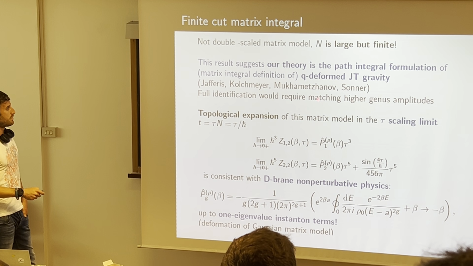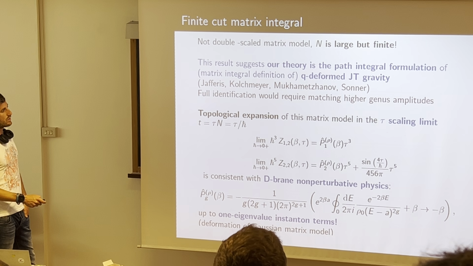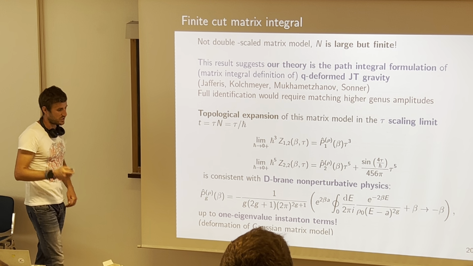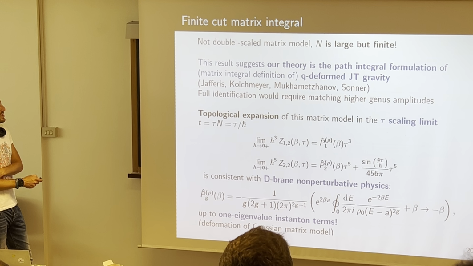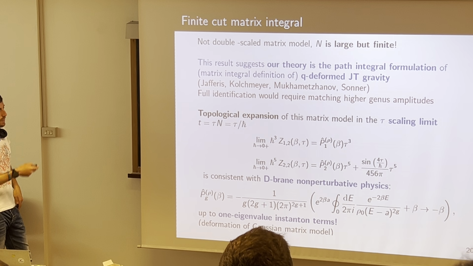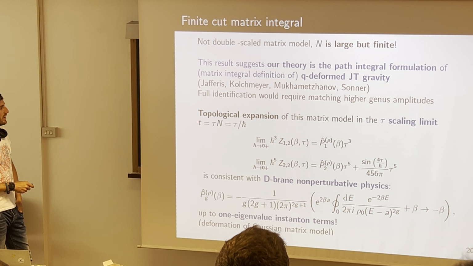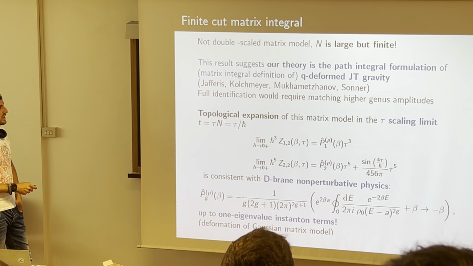So there's a particular limit which is called tau scaling limit, which was used in the case of JT gravity. So one can consider the spectrum form factor of a theory, right? And consider very large times where basically the time scales with the dimension of the matrix.